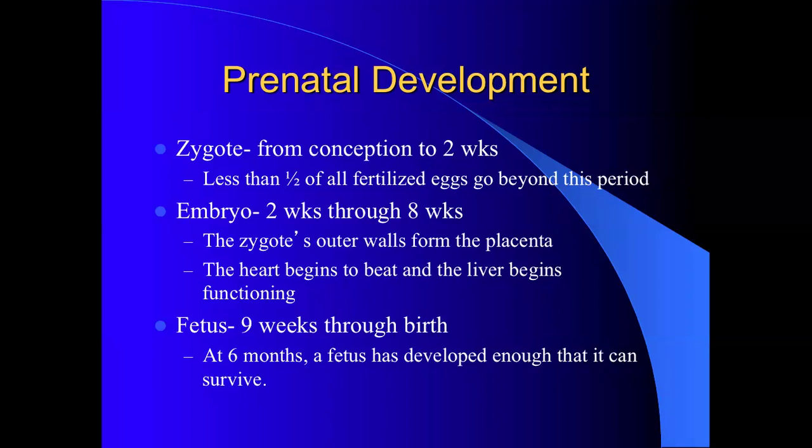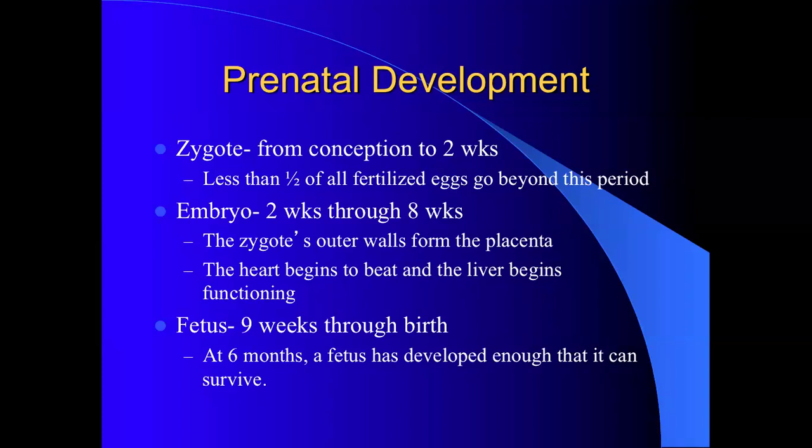Now, there are other people who will say, no, you can take the morning after pill or whatever it is, and that's perfectly fine because it's still not a functioning life force.